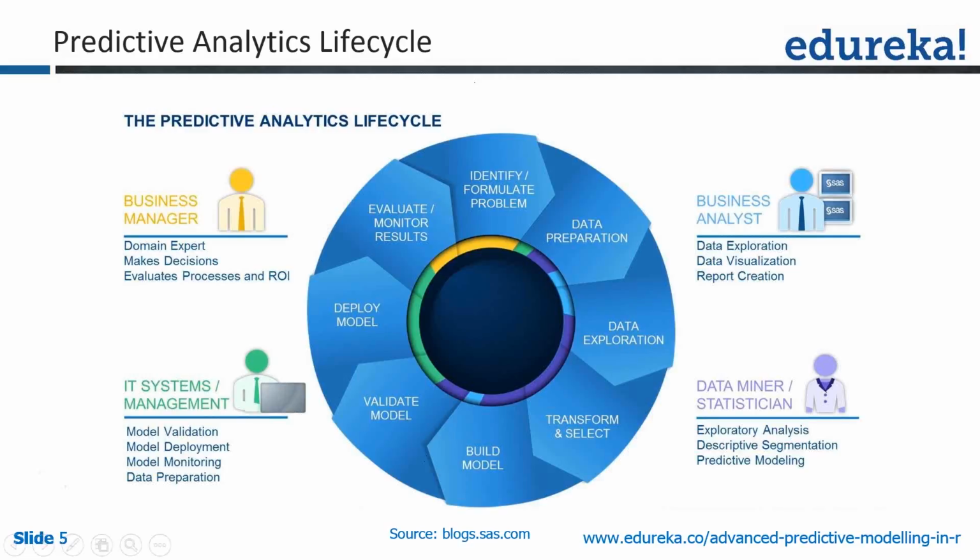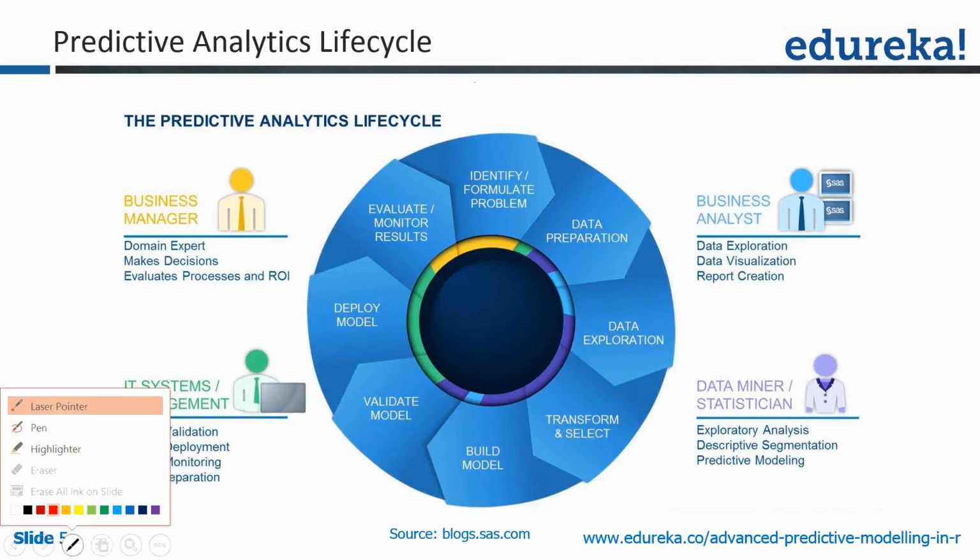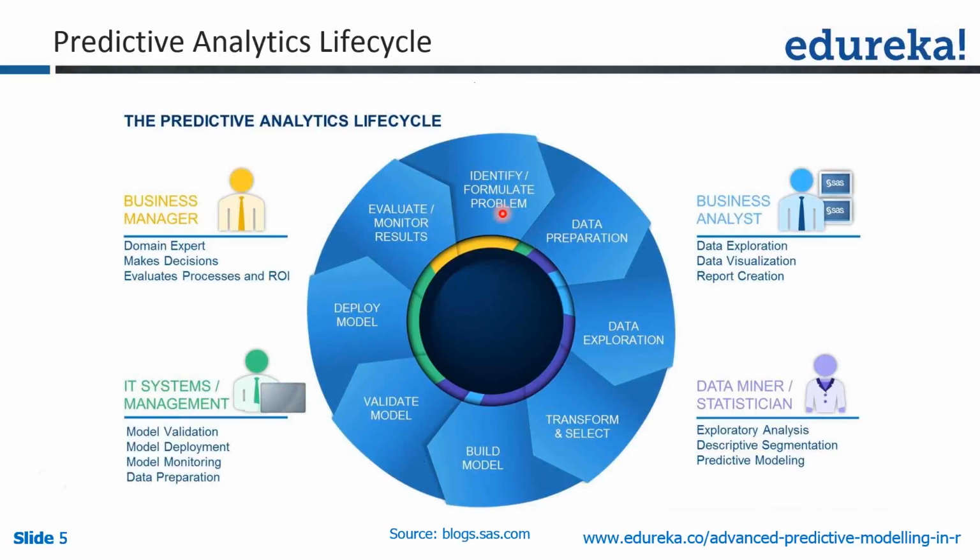First and foremost thing is you try to formulate what is the business problem. And most of your time should be spent here in identifying the problem. If you end up identifying a wrong problem, no matter how good your data collection is, how good your prediction model is, how sophisticated it is, it's not going to achieve your business objectives.